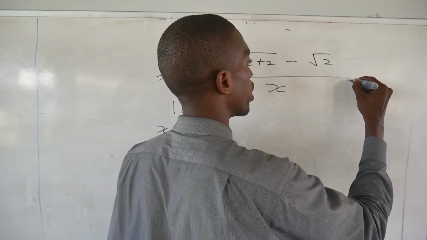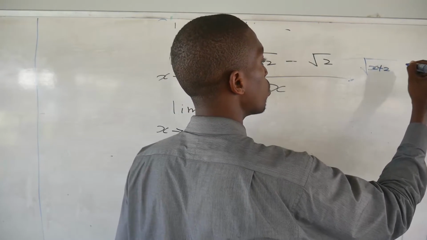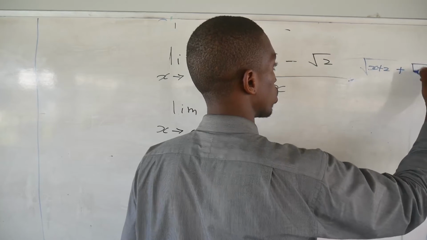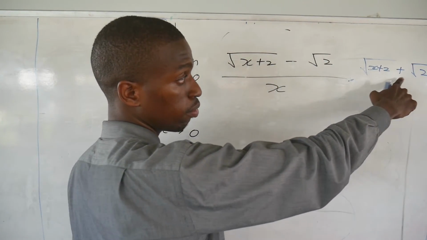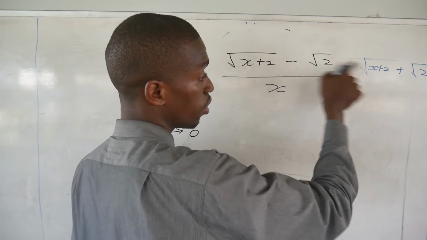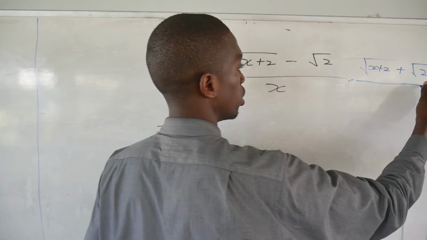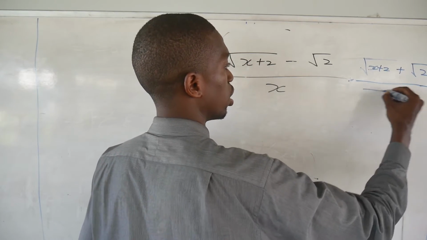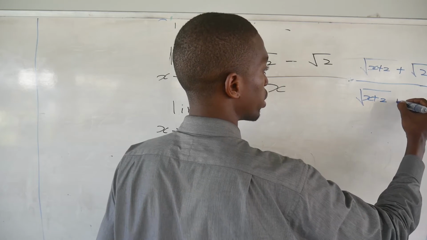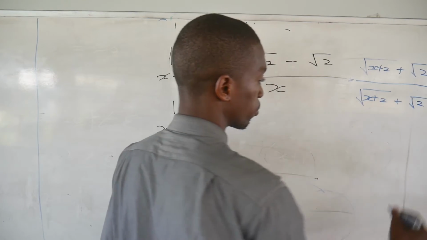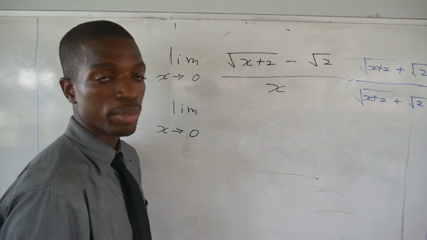This is multiplied by the root of x plus 2 plus root 2. If this was plus, you would have multiplied it by this minus that. Conjugate just means you change the middle sign. So you multiply the top and the bottom by the same thing, so as to not change the equation. Now what do we do from here?